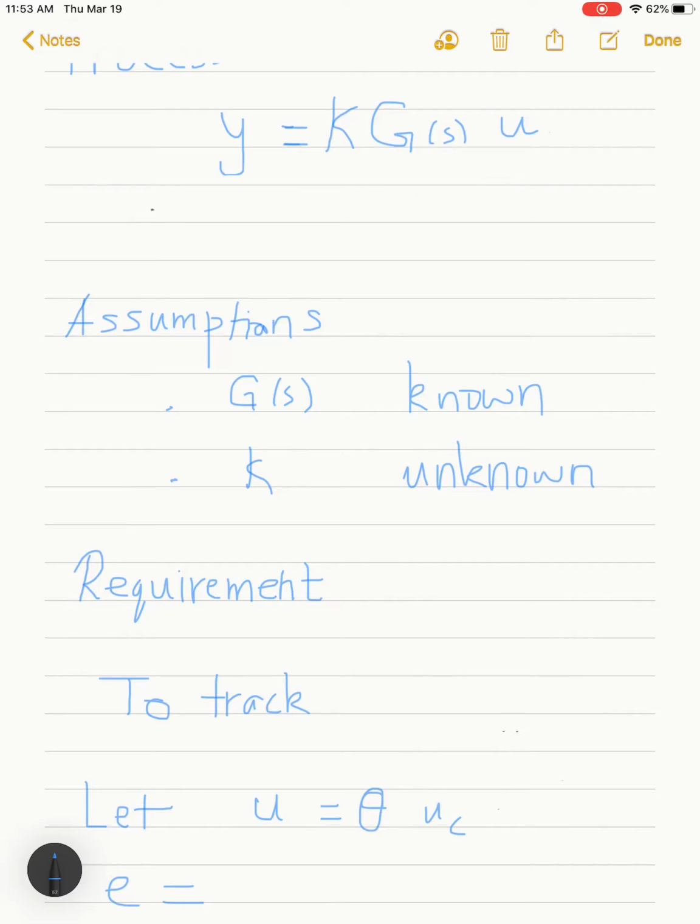So our purpose here is to track a certain system. So if I assume the reference model to be given by k node times g of s times a set point u of c, my purpose here is to select a controller, a gain controller, and adjust the parameter theta in that controller so that the output of the system y would follow the output of the reference model by just adjusting theta.